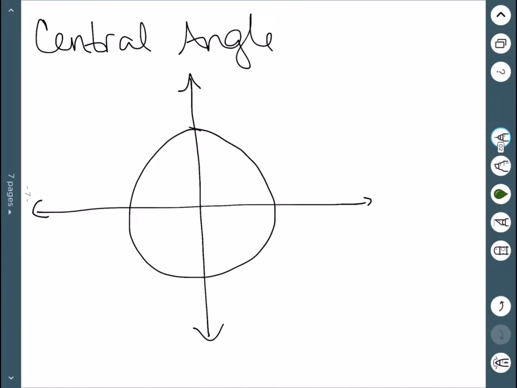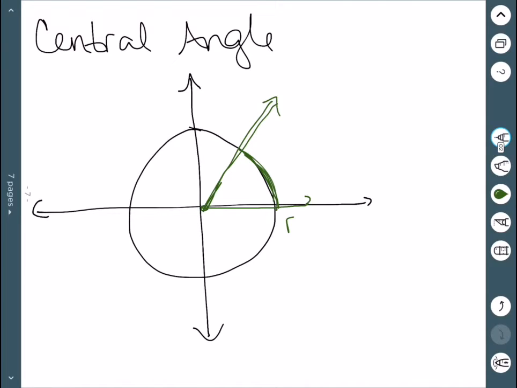Next, we'll talk about the central angle. So let's suppose we have this circle and it's of radius r. Well, if I have an angle that intersects this circle, this is called a central angle. The main thing is the vertex of the angle should be at the center of the circle. And we intersect this little piece right here.